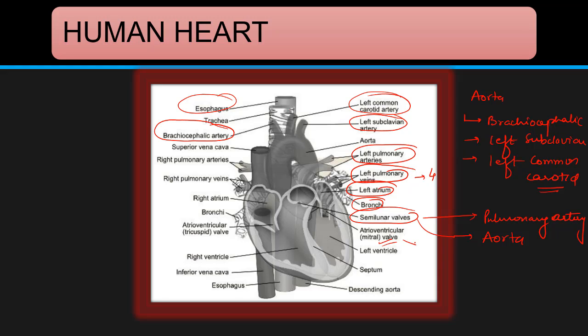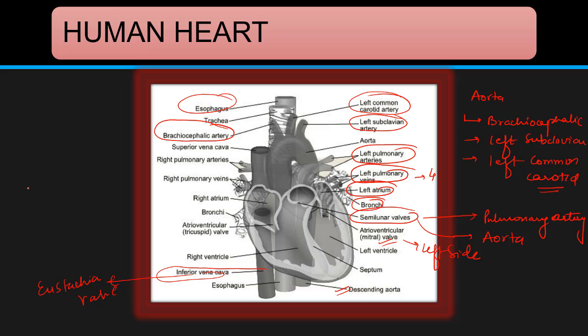Atrioventricular valve, mitral valve on the left side. Okay. This is the descending aorta, esophagus, inferior vena cava, guarded by the Eustachian valve. Superior vena cava, right pulmonary arteries, right pulmonary veins, right atrium.